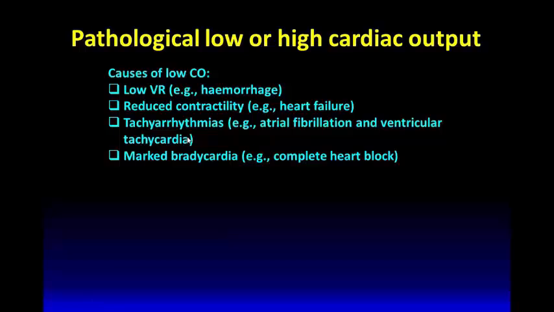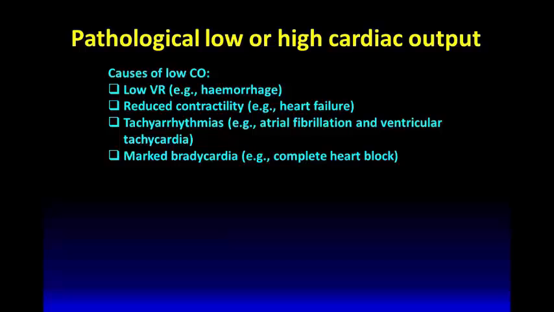Because in these conditions the period of diastole is shortened very much, so there will not be enough time for the left or the right ventricle to get filled with enough blood. Hence, end-diastolic volume is compromised and the cardiac output is decreased.